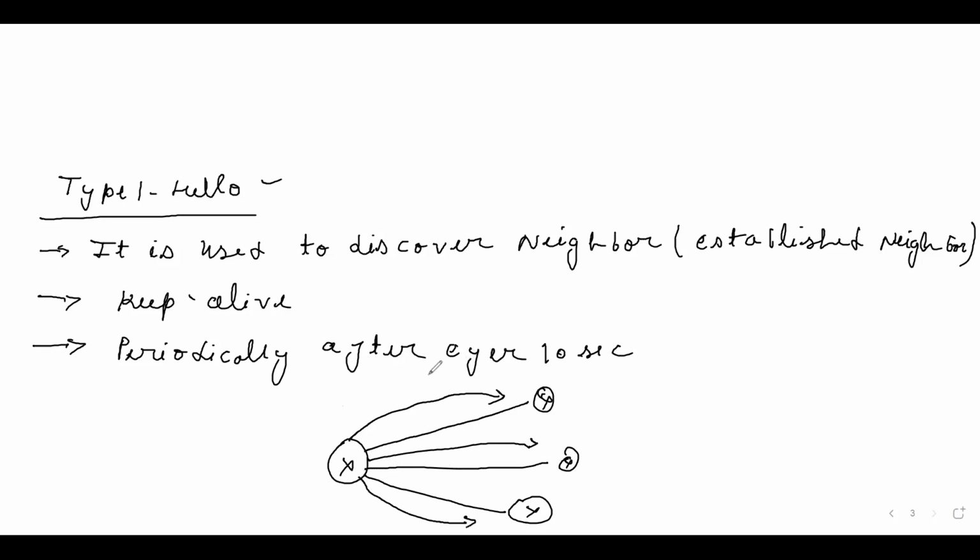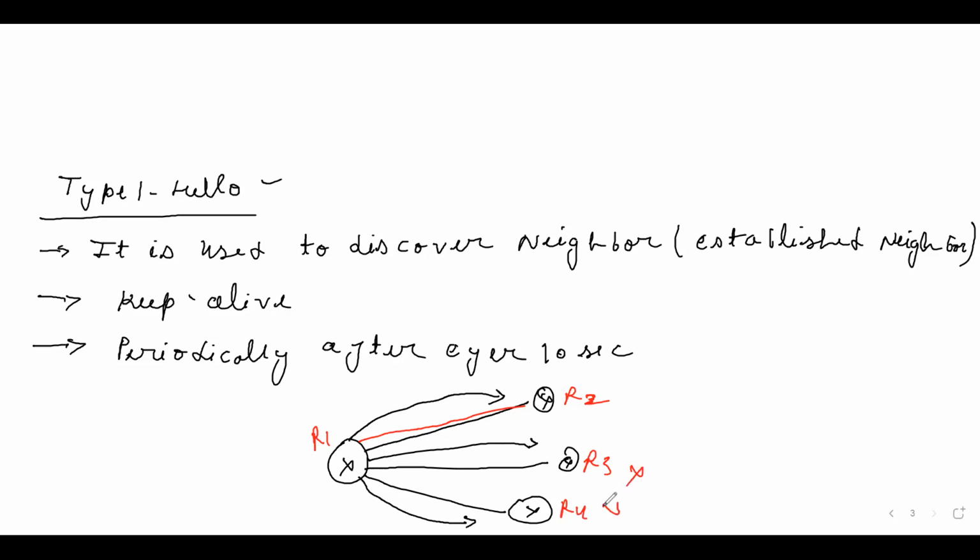But every time I don't need multicast neighborship. Sometimes I only need R1 to R2, not R3, not R4.